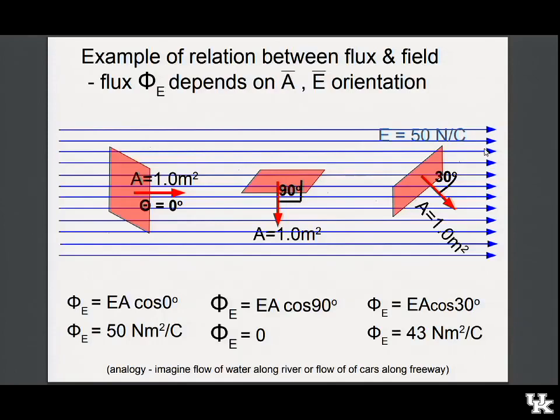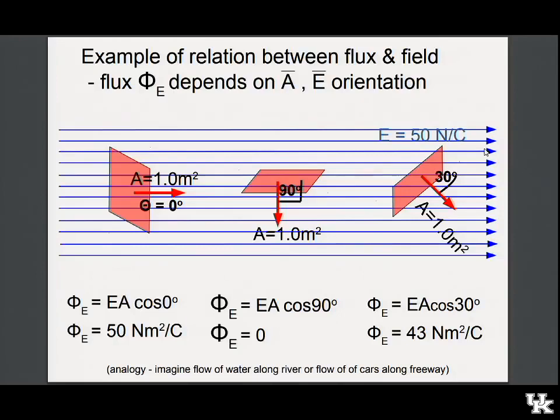In this case, where they're parallel, I get the maximum flux through this surface. In this case, where they're perpendicular, there's actually no flux through this surface. Although it's in a field, there's no flux through that surface. And in this case, where we've got 30 degrees, it's intermediate between this maximum flux and this 0 flux here. You can see it on the picture.